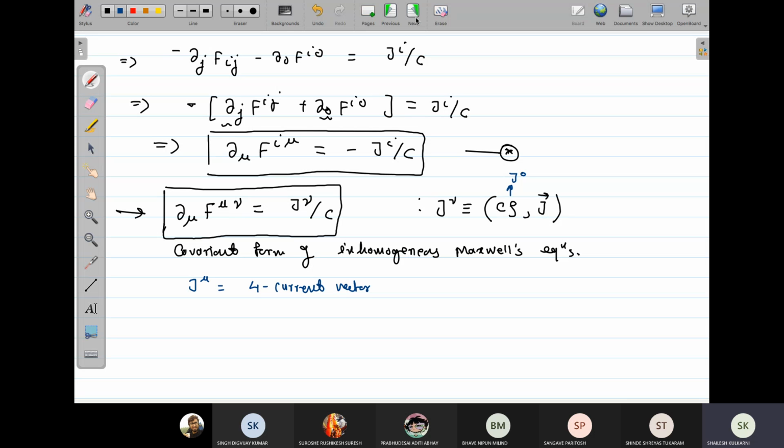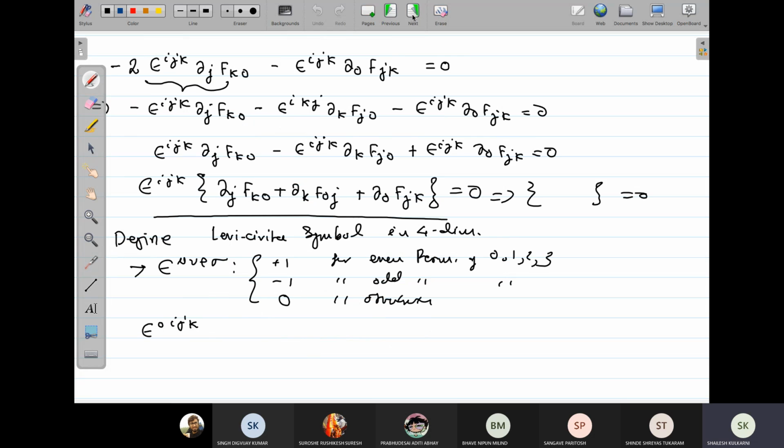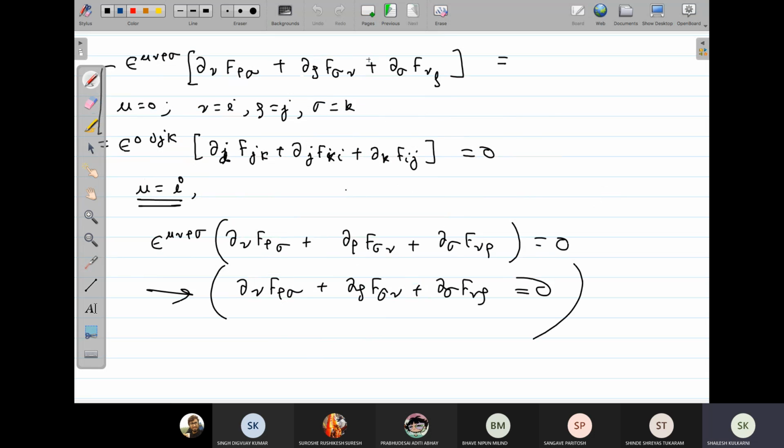Now what happens to the other two equations, namely del dot B equal to 0 and del cross E equal to minus 1 over c del B by del t? We showed that these equations are nothing but a statement about an identity, and that identity is this.